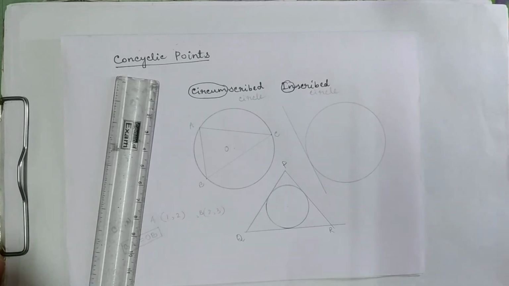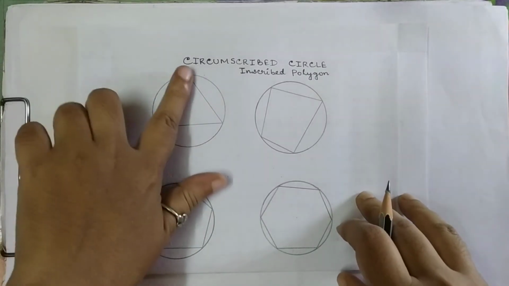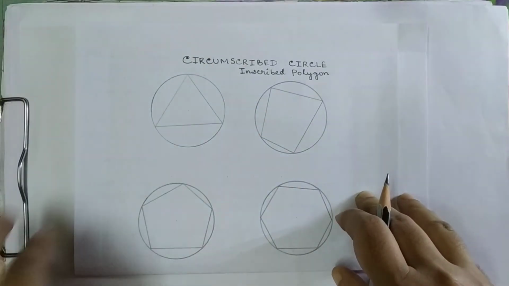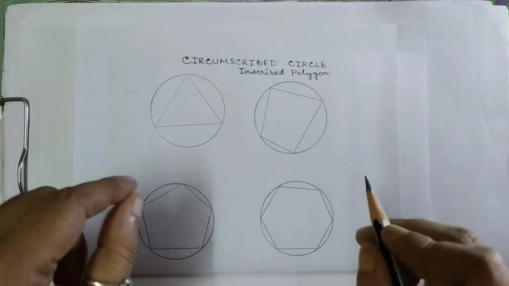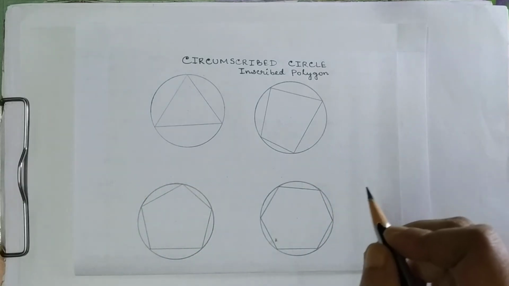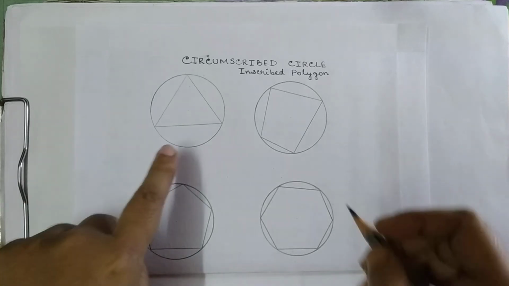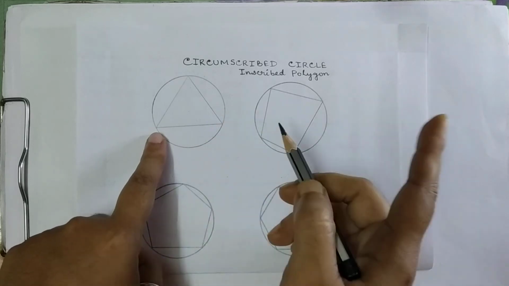Now let me show you some other figures. Here you can see a circumscribed circle, that means the circle will be outside, so obviously some other figure will be inside and the vertices of those figures will be on the boundary of the circle. So here you can see the triangle, already I have shown you before.